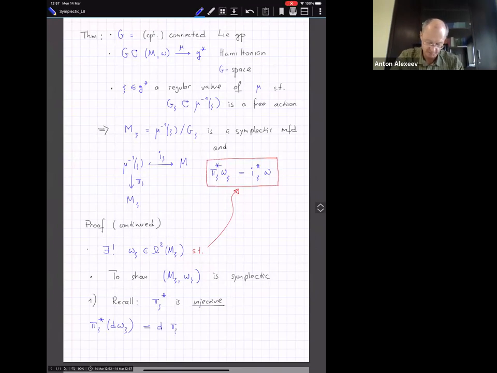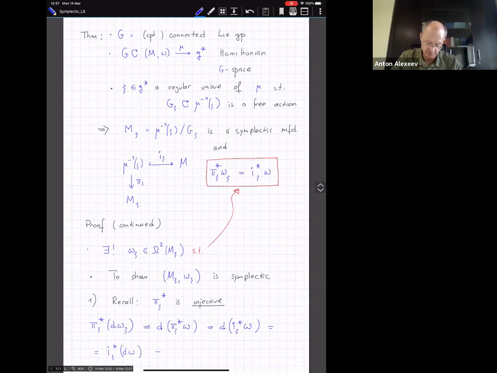So I exchange the pullback and the de Rham differential. I can always do that. And now I'm using the equation in red. And now I exchange again the pullback with the de Rham differential.